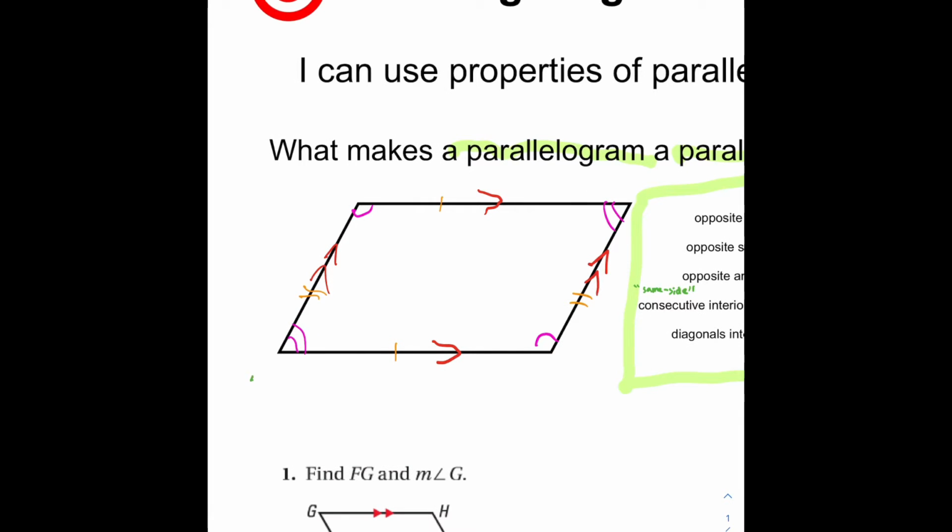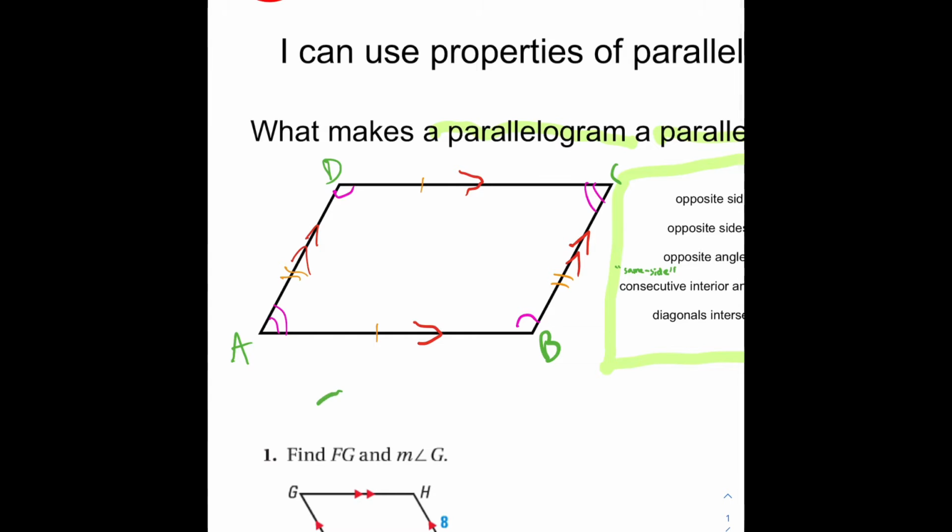So if I just go through and label it A, B, C, D, that means that angle A plus angle B equals 180 degrees. It would also mean that angle A plus angle D would equal 180 degrees.